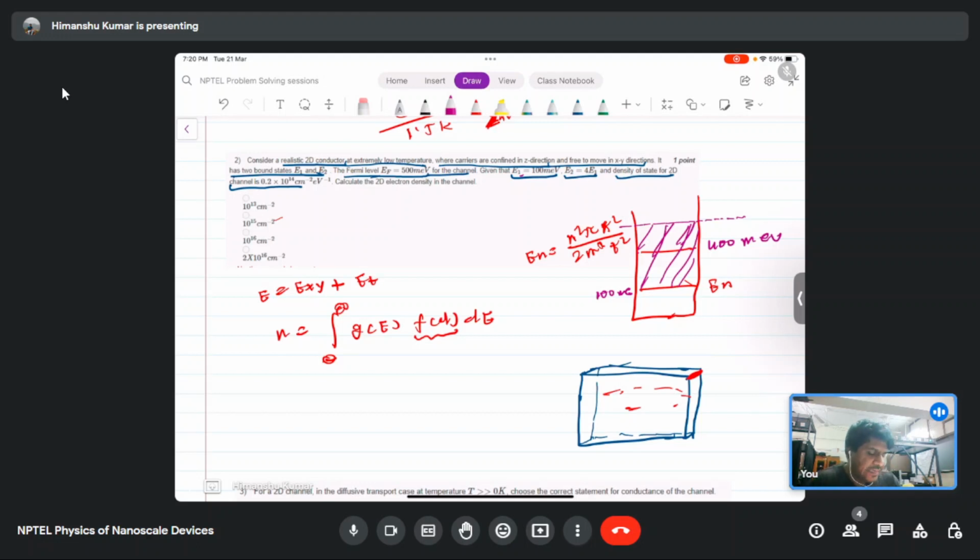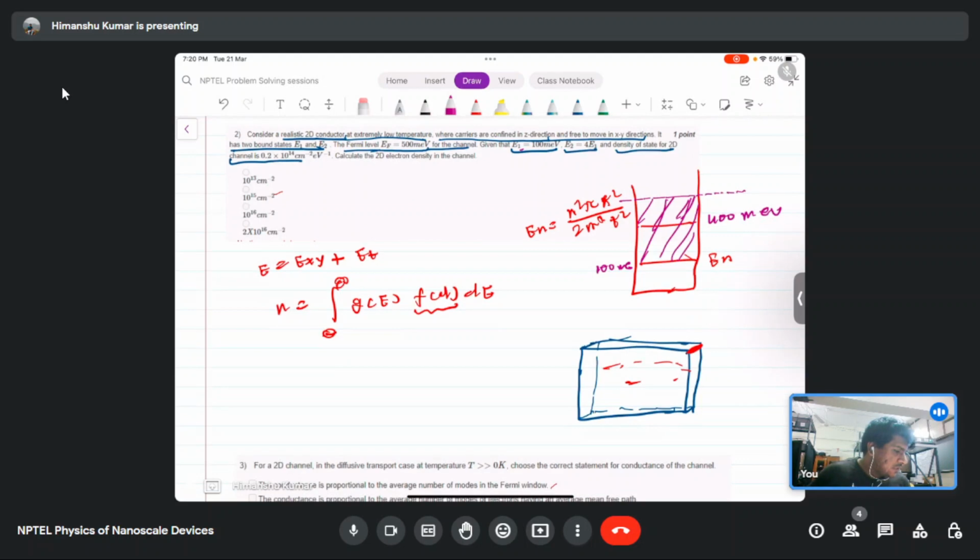So how much is this distance? Then multiply by the number of density of states.